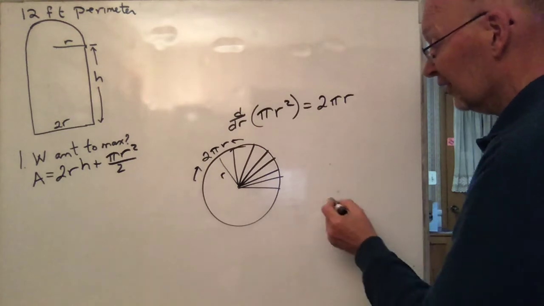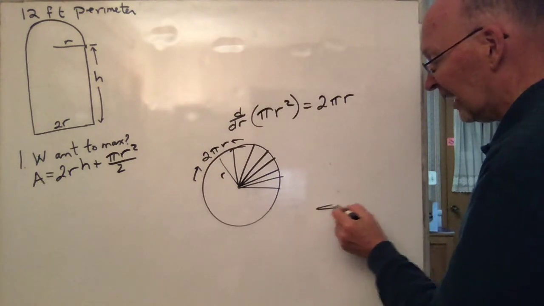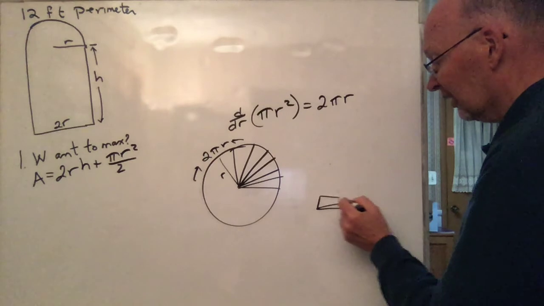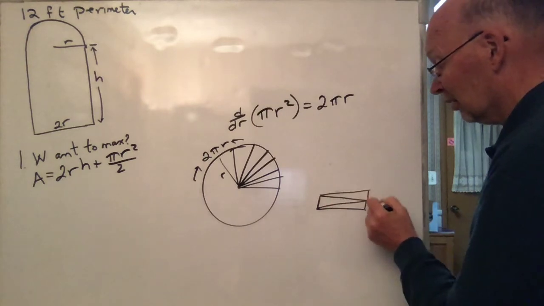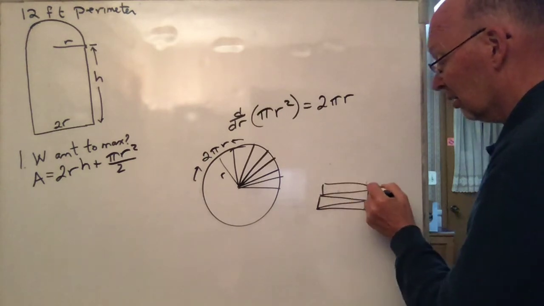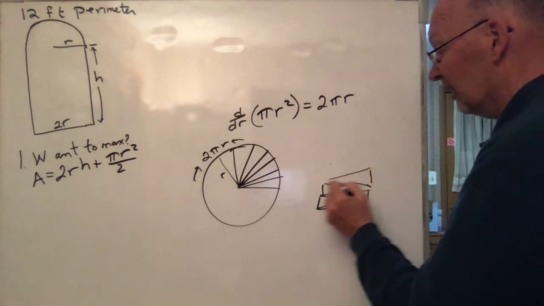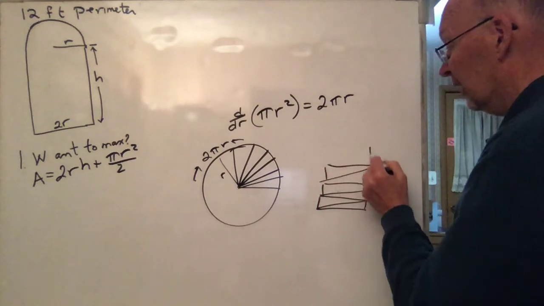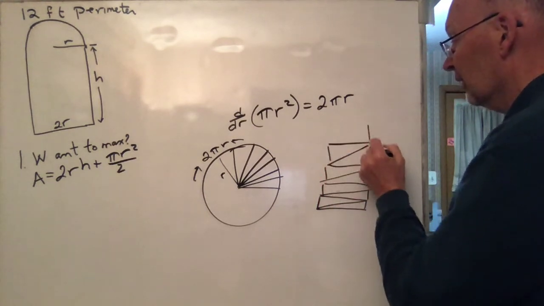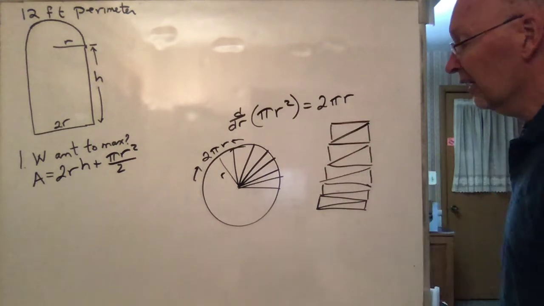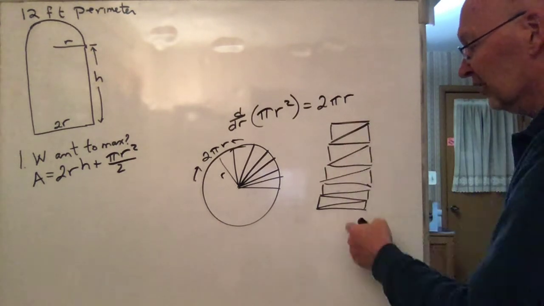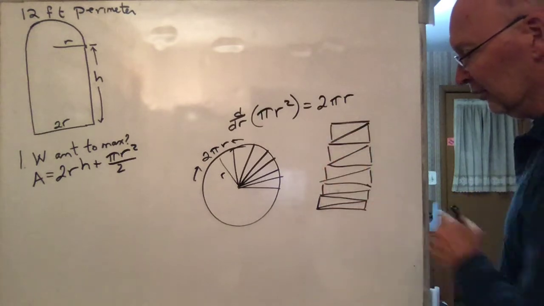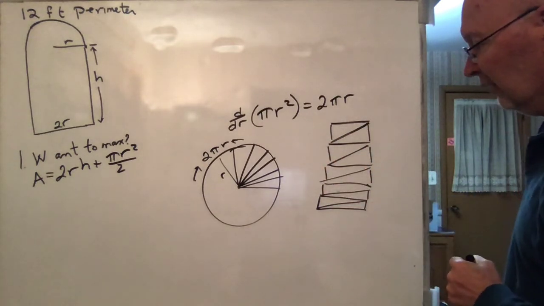If you take these wedges and stack them up, they're going to look kind of like this. You keep doing that all the way, I'll exaggerate them here, until you're done. Now you look at what you get: essentially a rectangle. What's the area of that rectangle?